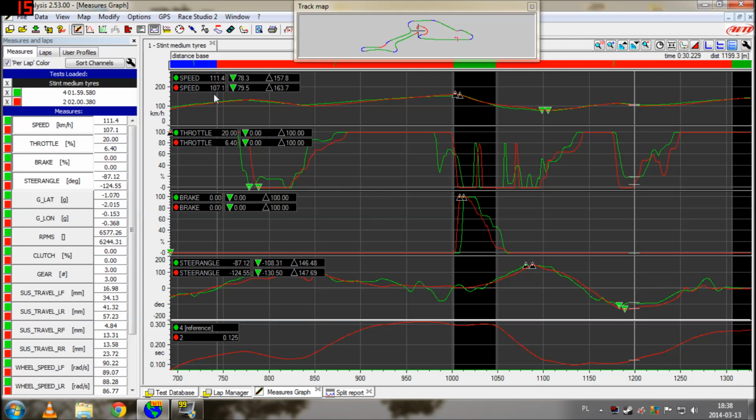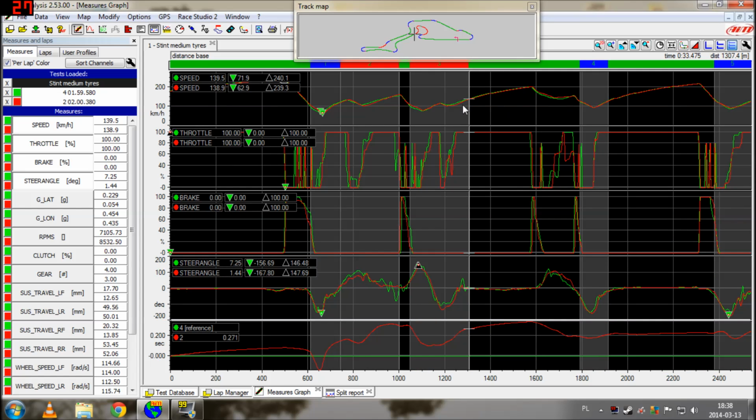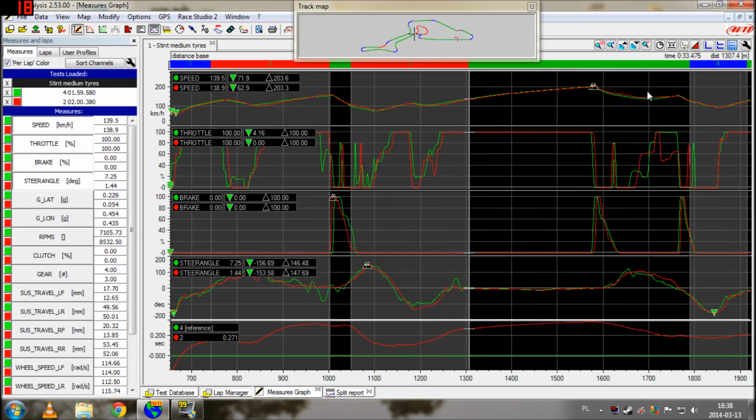And look at the speed: 4 kilometers difference, 7 kilometers difference, 9 kilometers difference, and 5 kilometers difference, and here only 1 kilometer difference. Okay, so let's move on.